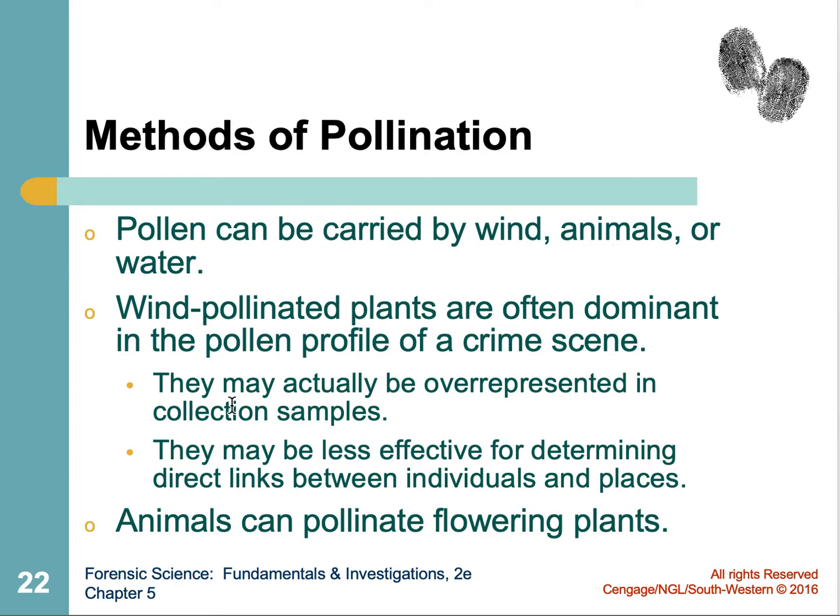So wind-pollinated plants are going to be overrepresented in collected samples, therefore creating a less effective link from the individual to the place. And animals that pollinate flowers are going to be more effective because there's not as much, so it's a little bit more rare, I would say.